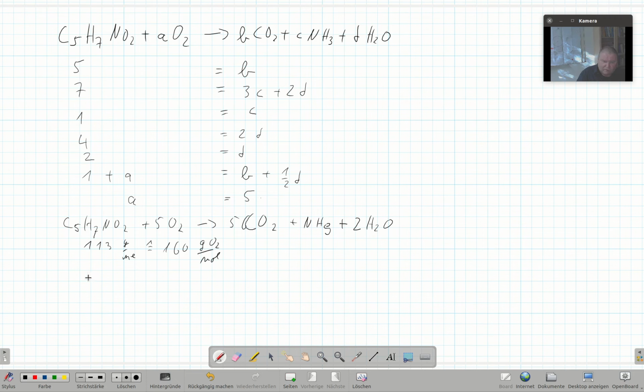And therefore we can extract that 1 gram biomass equals 1.4 gram COD, or vice versa, 1 gram COD of biomass represents 0.7 gram biomass.